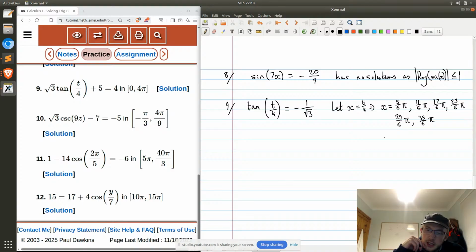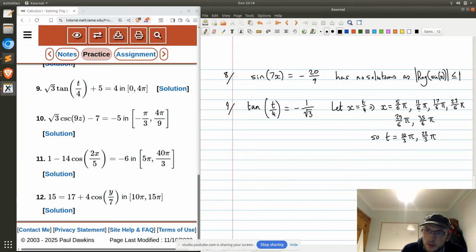Which is the same thing as multiplying the numerator by 2 and turning the denominator into 3. That's right, isn't it?